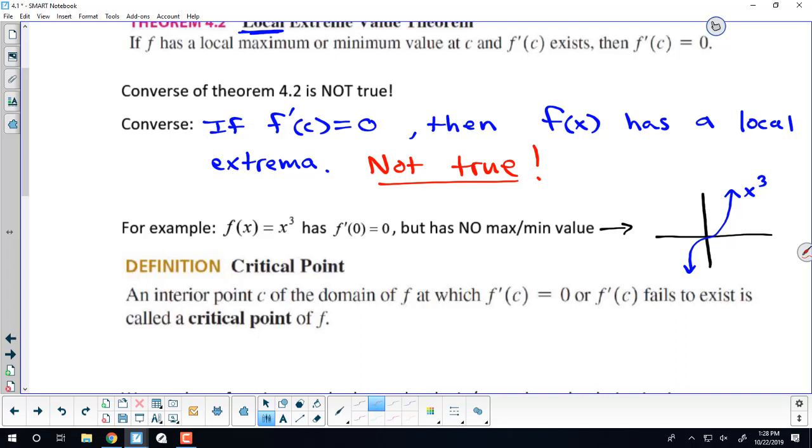However, there is no local minimum or local maximum there. Is everyone clear on how we interpret that? The derivative being 0 doesn't guarantee a maximum or a minimum. However, if we know there's a maximum or a minimum, we know that the derivative has to be 0. Okay, any questions on that?